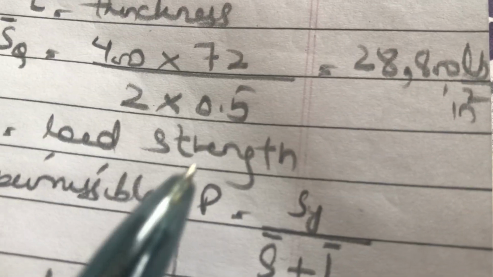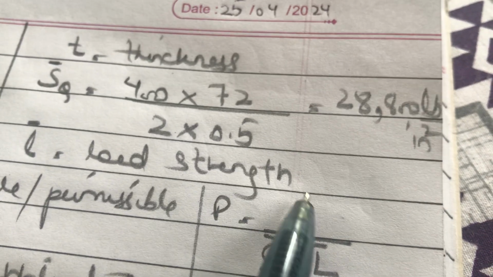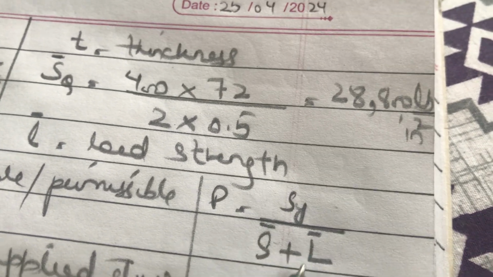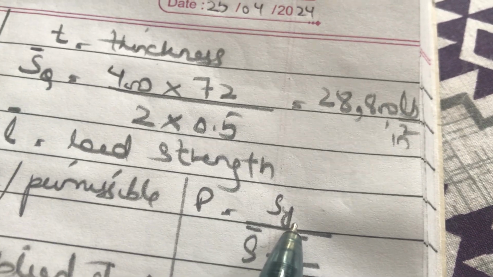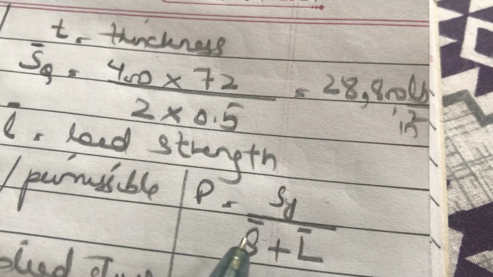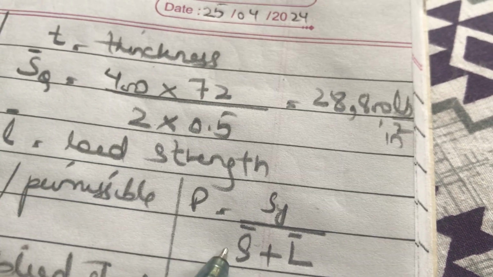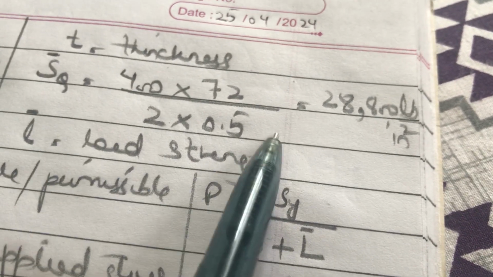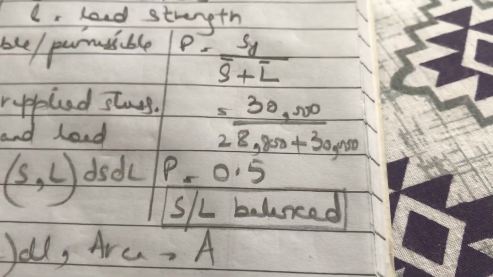Now what is the formula? We have the formula for finding our probability, that is P equals Sy over S plus L. Sy is the maximum strength, S is the average strength, and L is the load strength. Now we just put in the values.